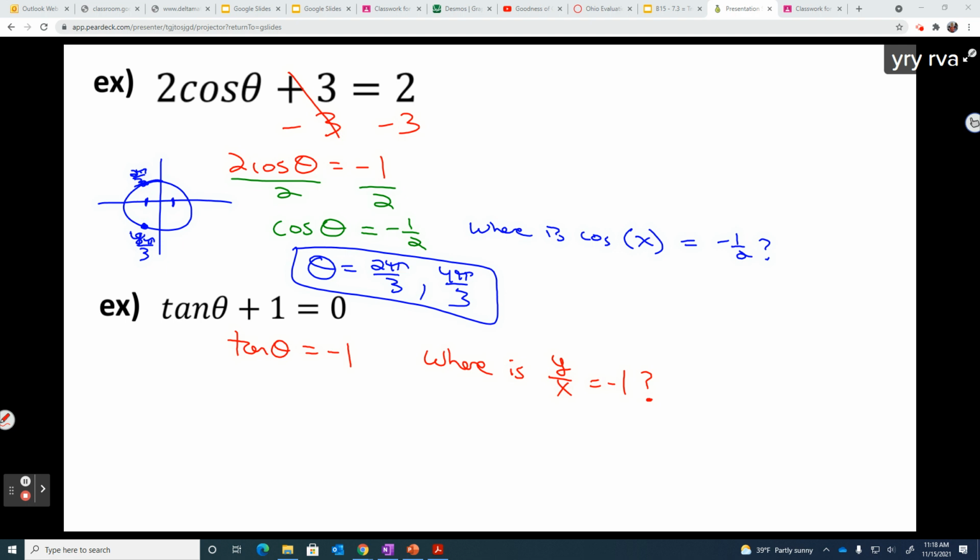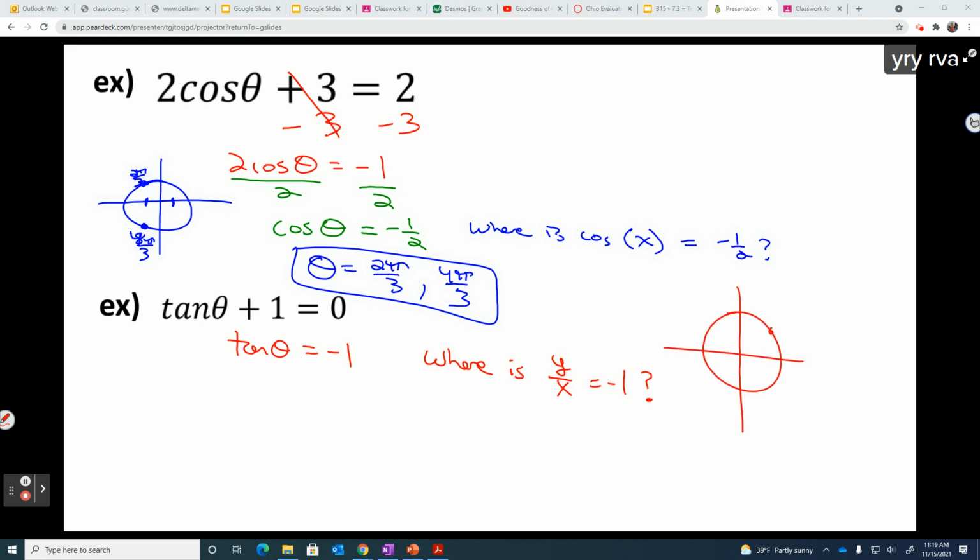But it isn't too bad when you think about what's going to give you 1 or negative 1. What are the places that would give you that? All the fourths. All the fourths you'll get 1 or negative 1 because that's where there's the radical 2 over 2's, right? So let's think about this in our unit circle.